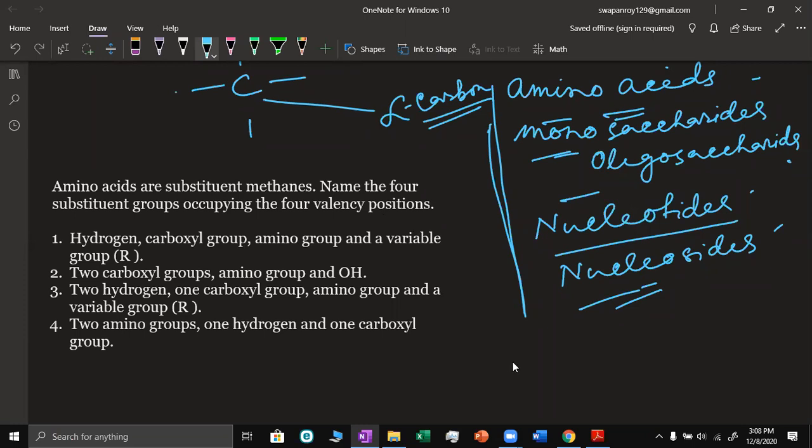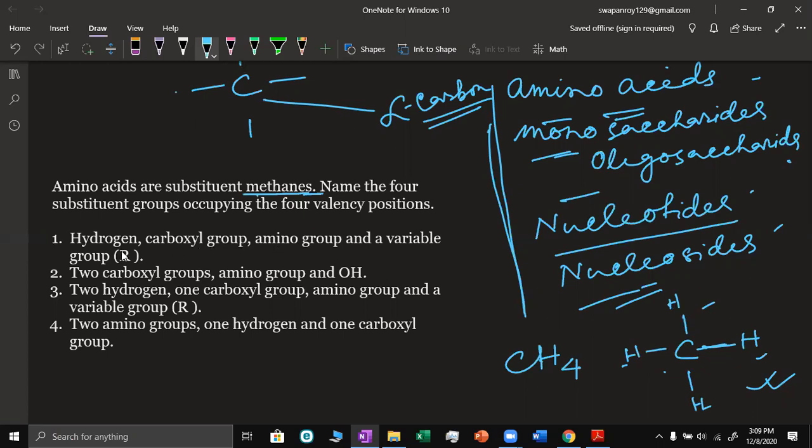You know methane, CH4, in which four hydrogen atoms are attached to the carbon. The amino acid is a derivative of methane, formed by replacing these hydrogens.